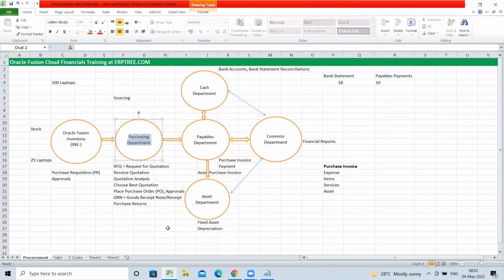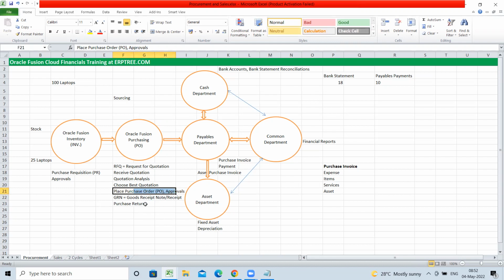So to perform the purchasing related activities, we have an application from Oracle that we call Oracle Fusion Purchasing. The short name for this application is PO. In reality, by using the Oracle Fusion Purchasing application, you can do activities like creating the purchase orders and approvals.